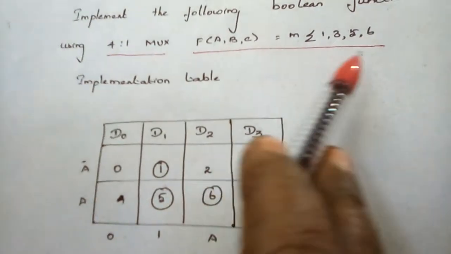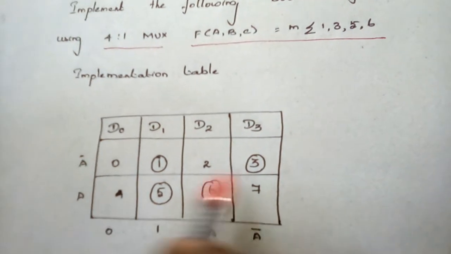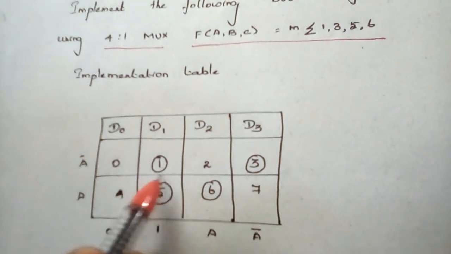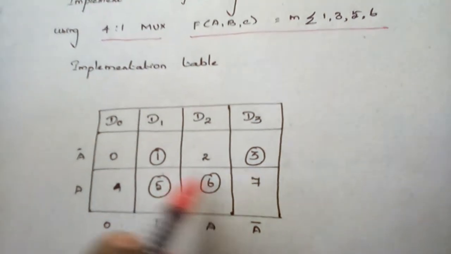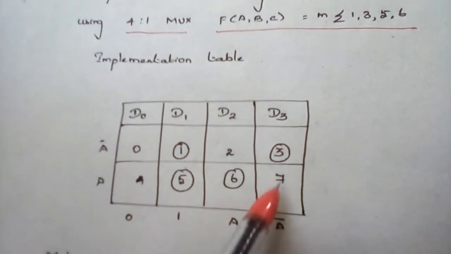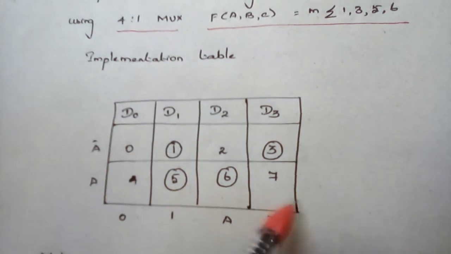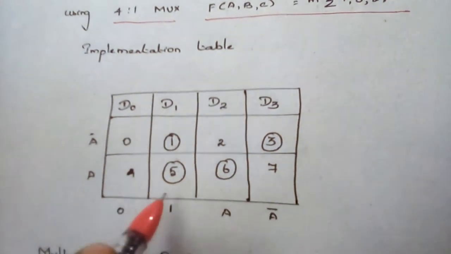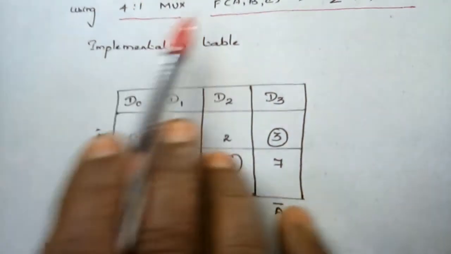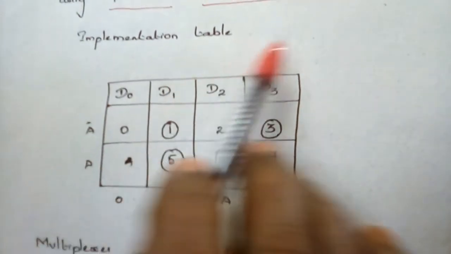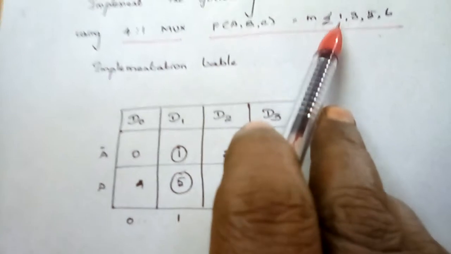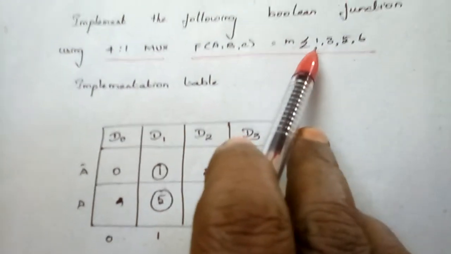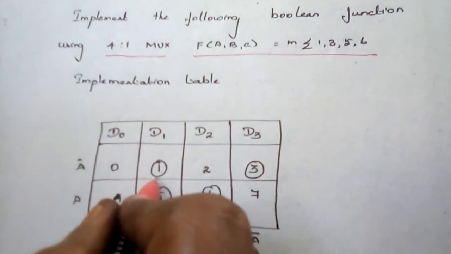So 1, 3, 5 and 6 is written as 0, 1, 2, 3, 4, 5, 6, 7. It has 8 cases, 0 to 7. And for implementing this table, whatever terms are given in the function, that means here 1, 3, 5 and 6, encircle the terms.